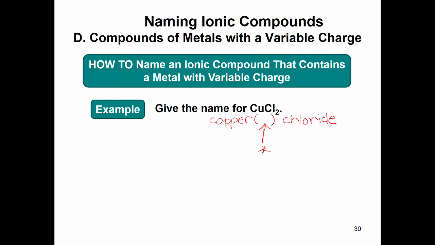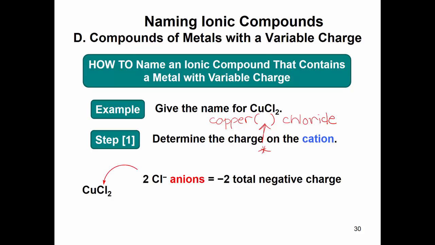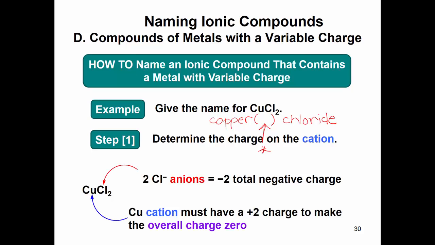We're talking about the charge. So what's the charge of the cation? Since we have 2 chloride atoms in our formula, which means we have a -2 total charge with that chloride, that means that copper must have a +2 charge to balance that out.